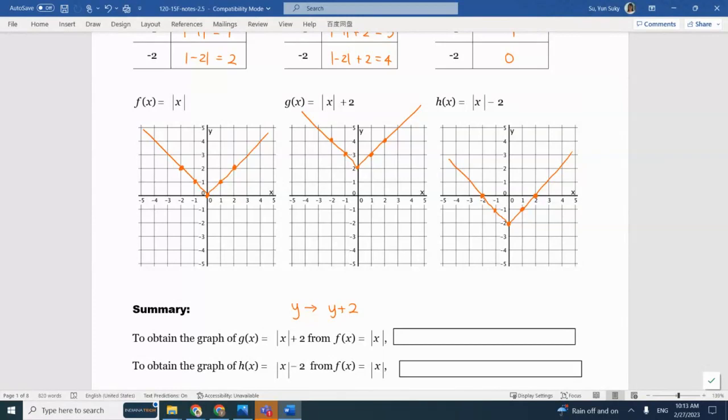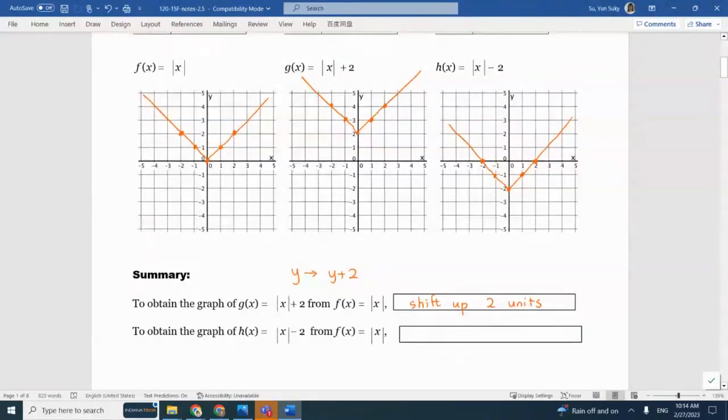But here the y coordinate is 2 higher than the y coordinate here. So we're changing the y, we add 2 to it. Then in this case, we shift up 2 units. So you have your x being the same, and your y, you add 2 to it. So then to the graph, we shift up 2 units.